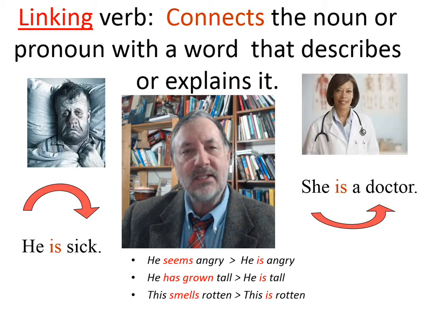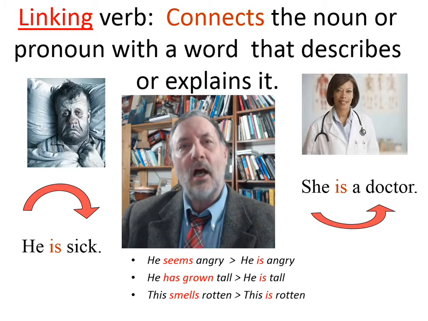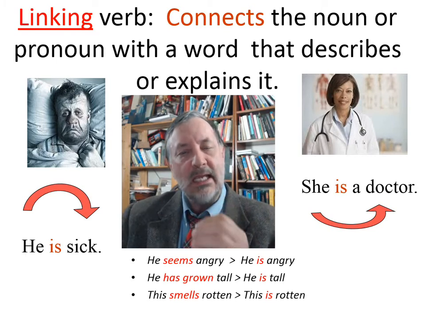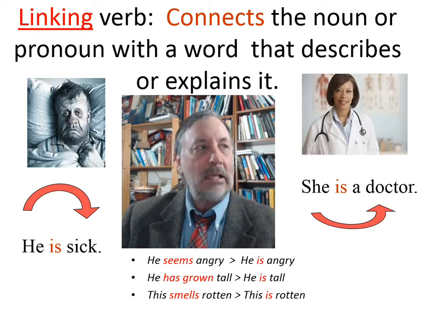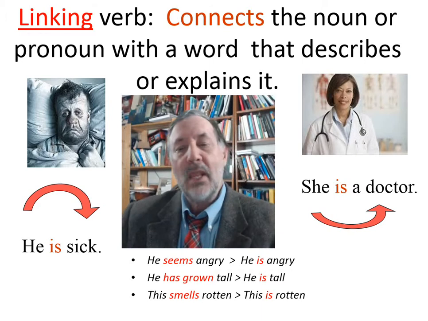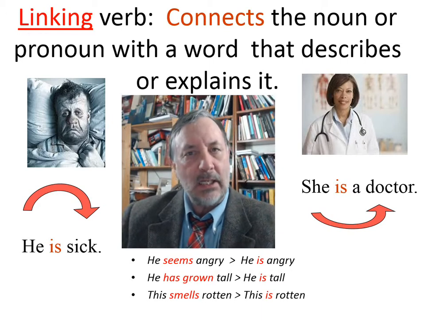In the same way, if I said she is a doctor, the is linking she with doctor. Okay, so I could say Maggie is a doctor, and the is would be linking Maggie with doctor.